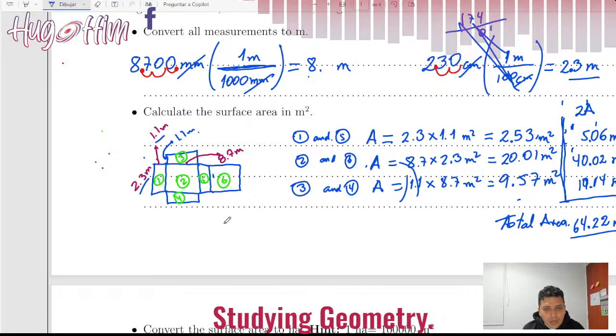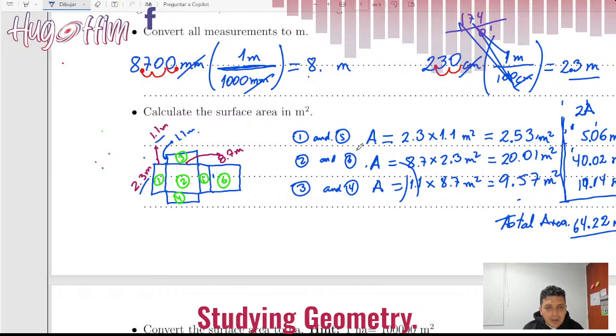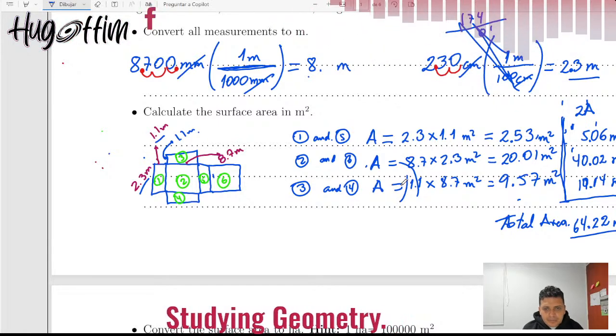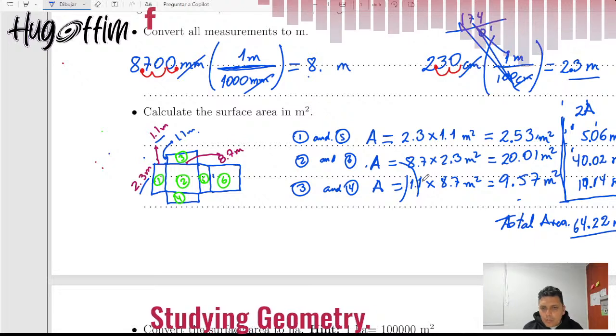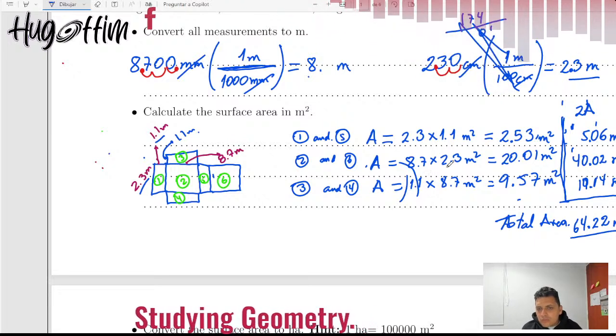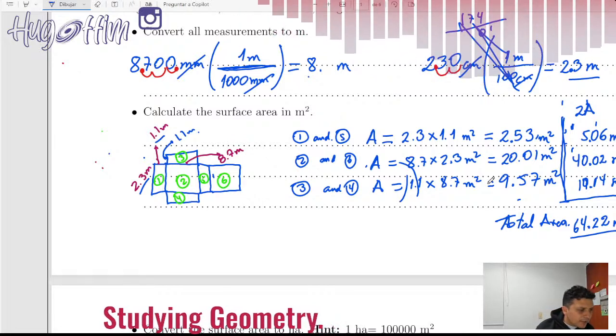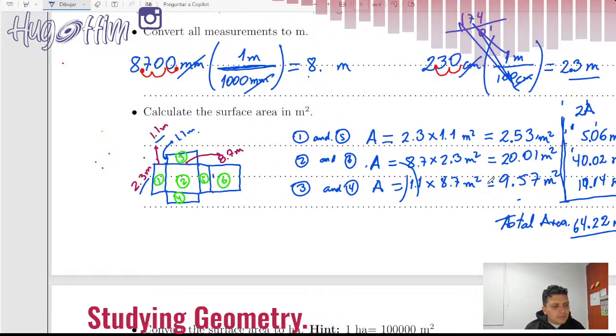That will be the total area of the shape. Observe, 8 times 2 should be around 20, yeah. Okay, it seems correct, the area.